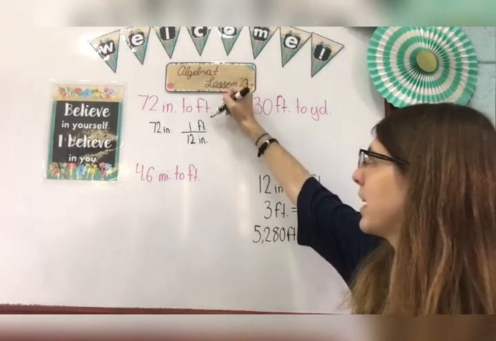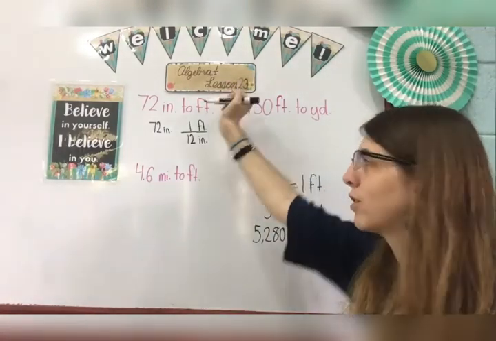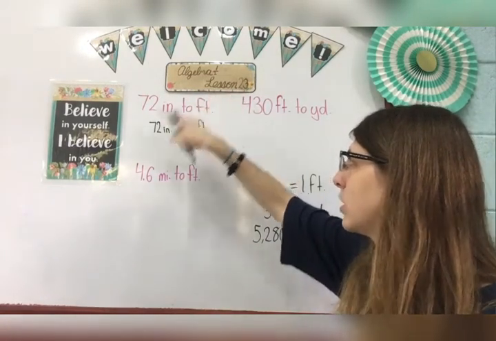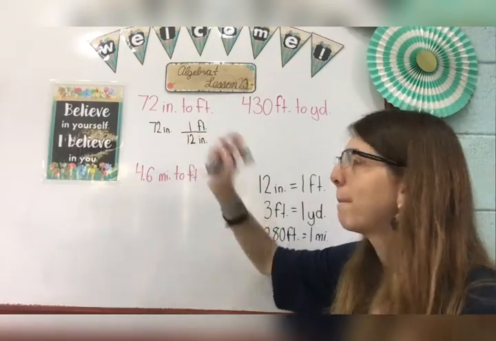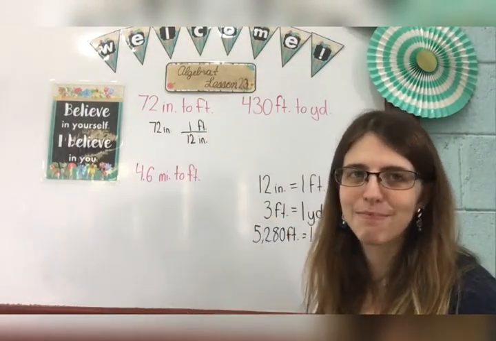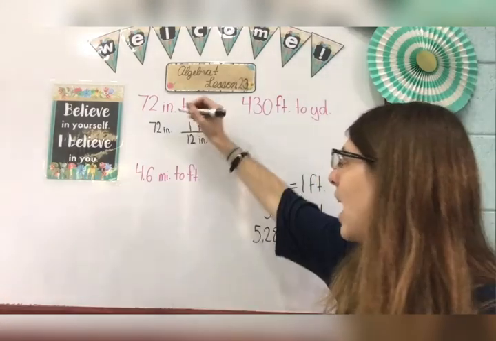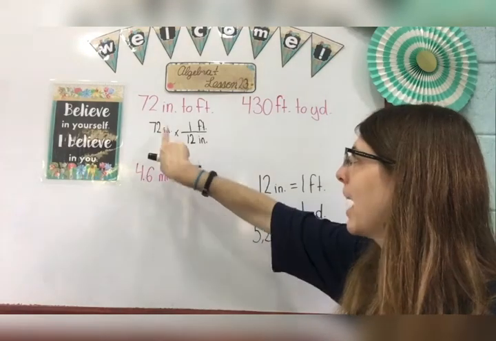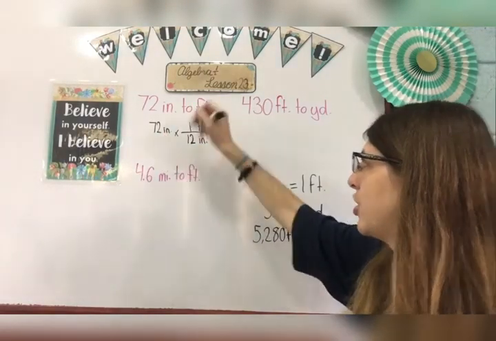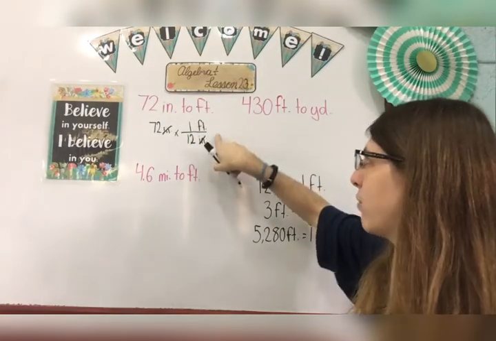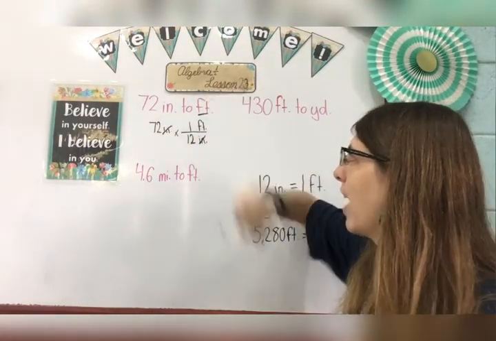So this here is my unit multiplier, 1 foot over 12 inches. Because these are equal, this is like multiplying 72 by 1, because 1 foot and 12 inches are the same. So now I multiply across, just like I would with any other fraction. But since I'm dividing inches by inches, I get rid of my inches. And I'm only left with feet, which is what I want to find.